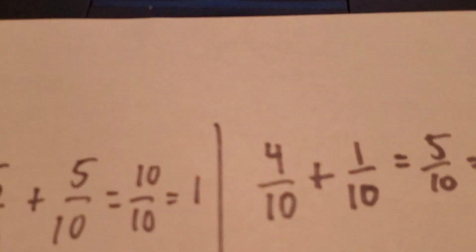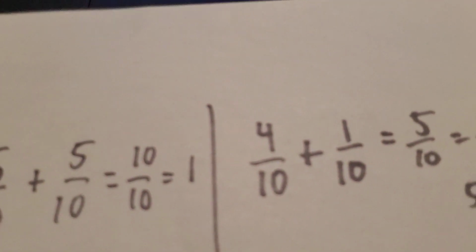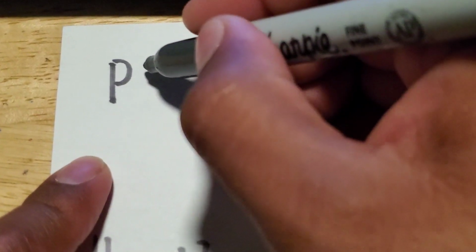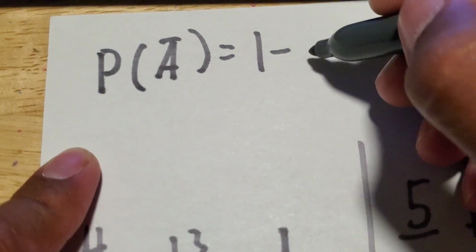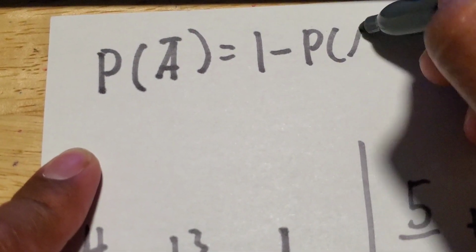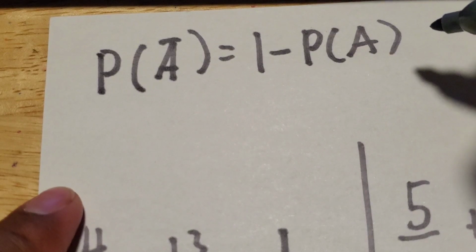And I know I didn't write this, we didn't really have a formula for the complement, but remember, when you're dealing with the complement, the probability of the complement is equal to 1 minus the probability of the other.